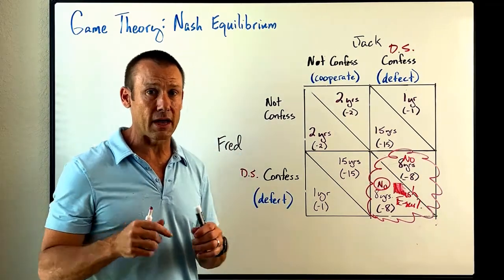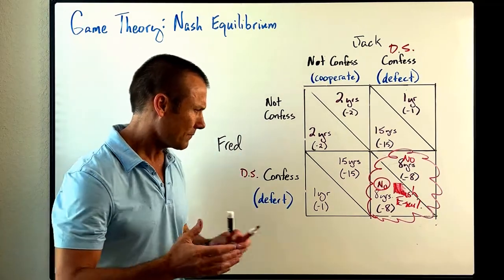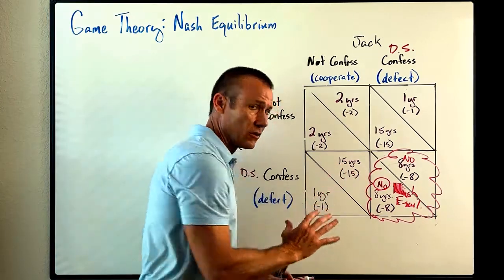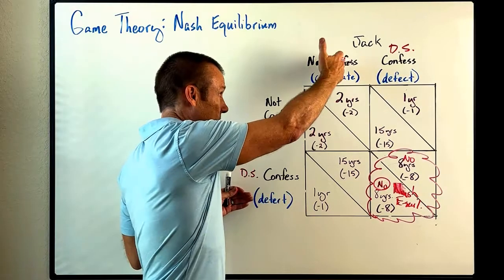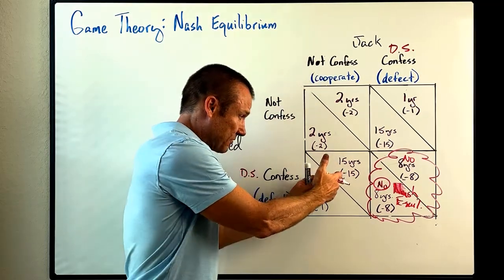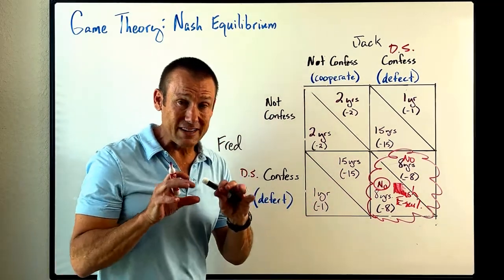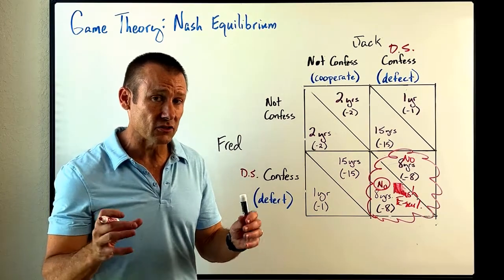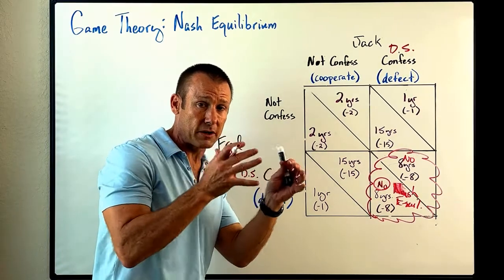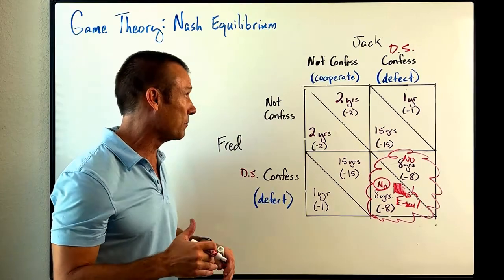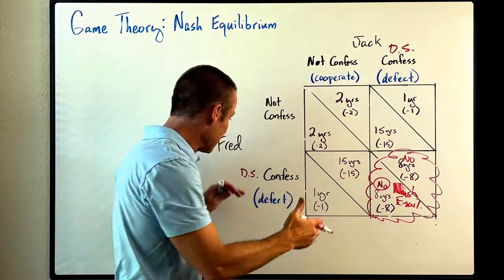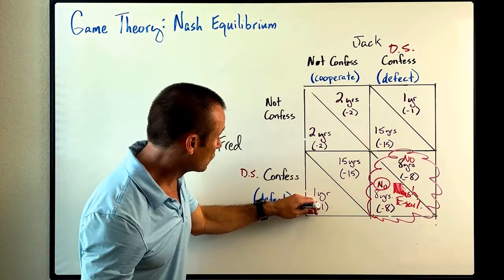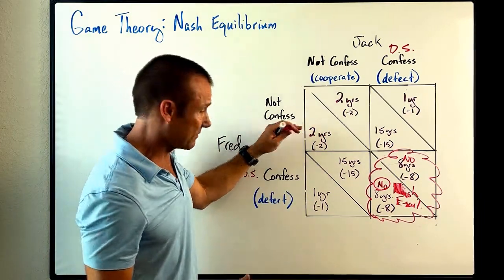So let's go look at another outcome. Let's take this one right here. Okay, is this a Nash equilibrium? Well, how did we get here? Not confessed by Jack, confessed by Fred. Okay, does either player have an incentive to change their strategy given the strategy the other player played to get to this outcome? So, given that Jack played not confess, does Fred have an incentive to switch from confess to not confess?